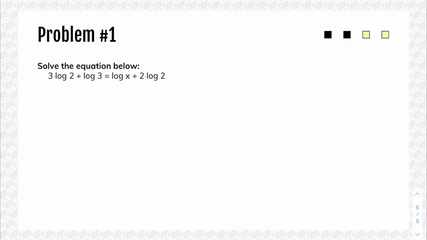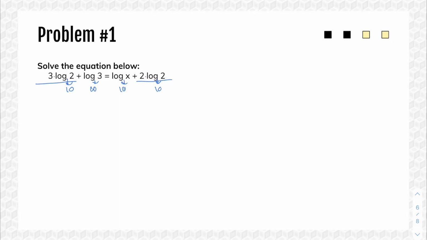Here is our first example. We have to solve the equation below. In order to solve for x, which is the argument, we have to simplify each side. Since all the logs have no base present, we know that it is log base 10 for all of them. We see here that some logarithms are being multiplied too.